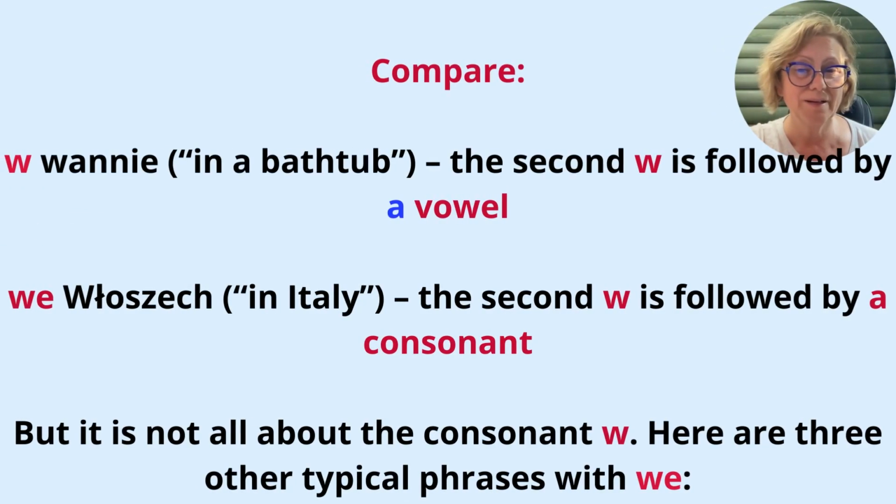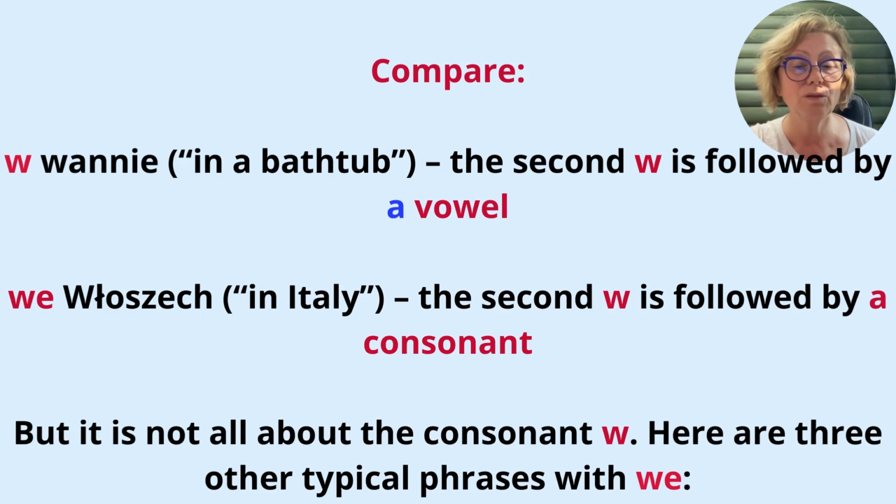Please compare w wannie, in a bathtub. The second w is followed by a vowel. We Włoszech, in Italy. The second w is followed by a consonant.